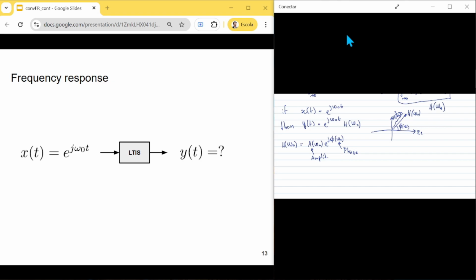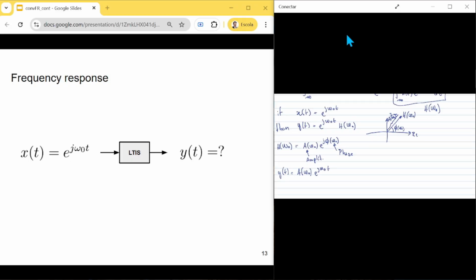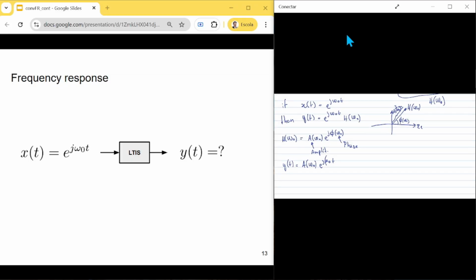So we can put this in our formulation of the output. y of t equals some amplitude times our very same exponential that went in, and here I will add the phase plus phi of omega 0. Okay, so exponential in, exponential out.